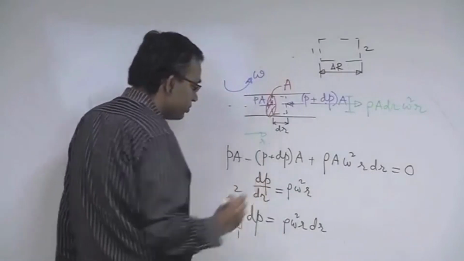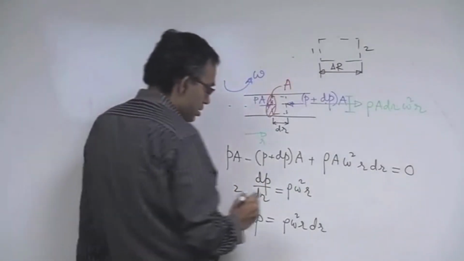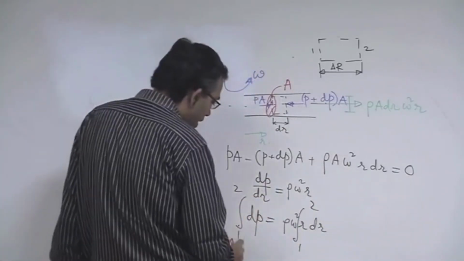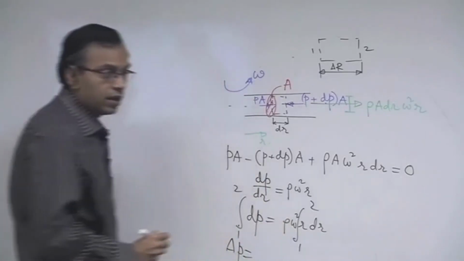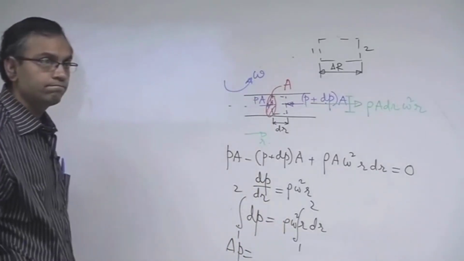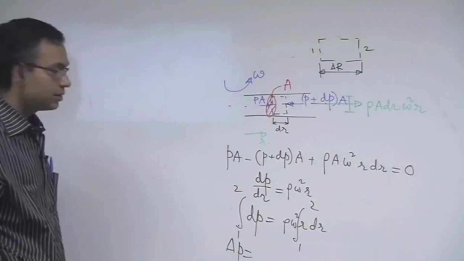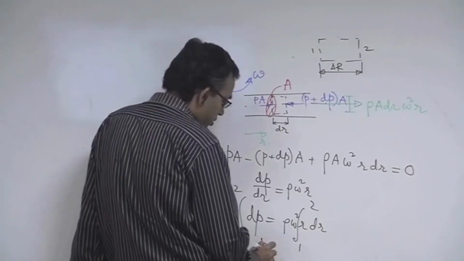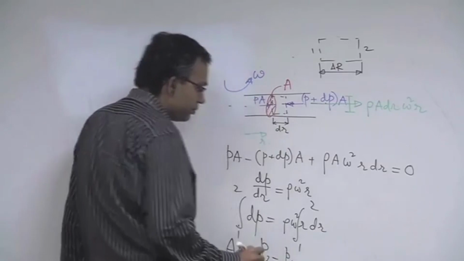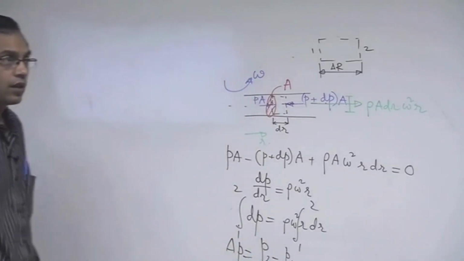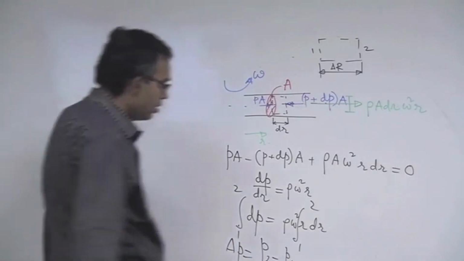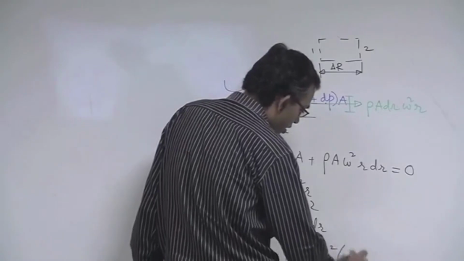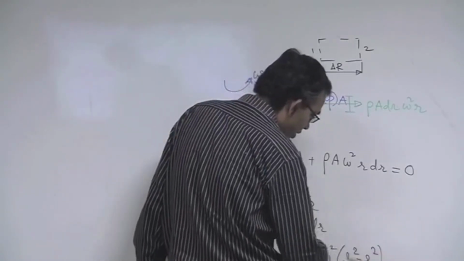So from 1 to 2, delta P is equal to P2 minus P1, which is equal to rho omega square (r2 square minus r1 square) by 2.